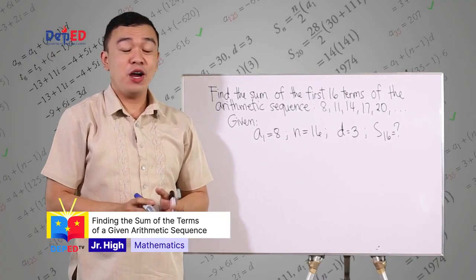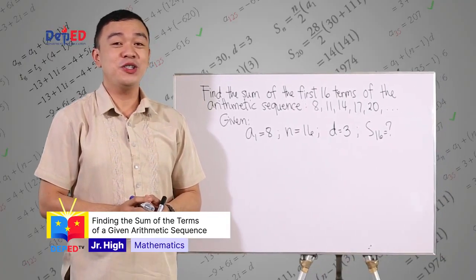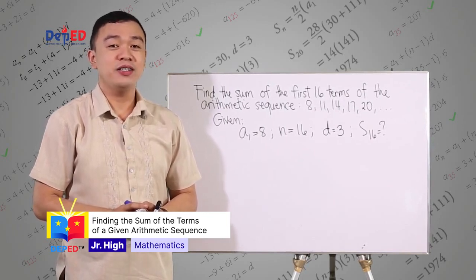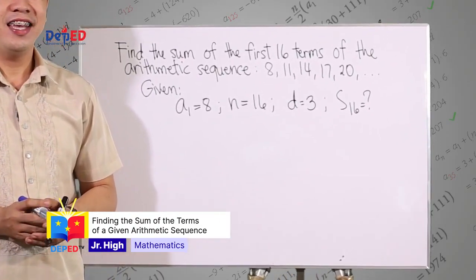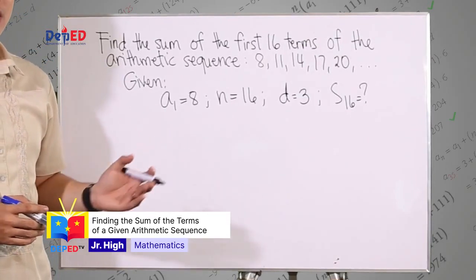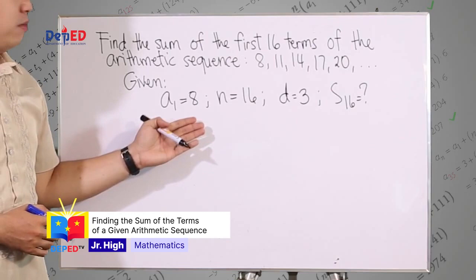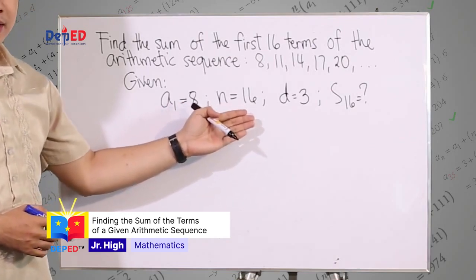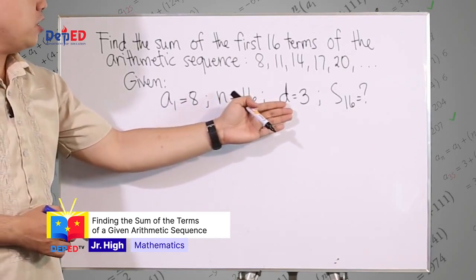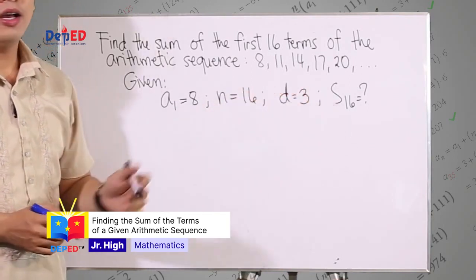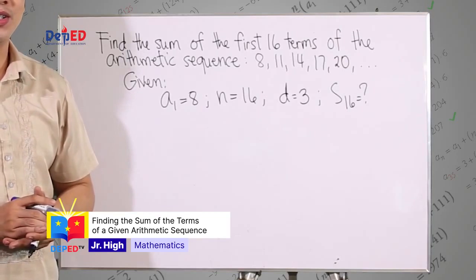Find the sum of the first 16 terms of the arithmetic sequence 8, 11, 14, 17, 20, and so on. Notice that in this sequence, the given are a sub 1, which is equal to 8. Our n is equal to 16. The difference is 3, and we are looking for the sum of the first 16 terms.